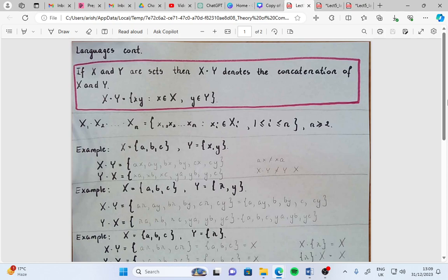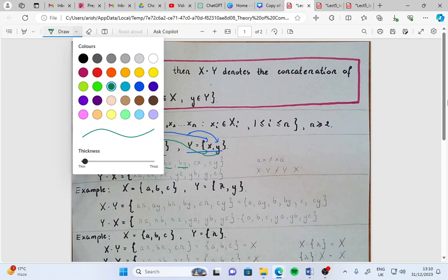So here x and y are sets, and we can denote the concatenation of x and y with a dot. It is very easy to see how we get this. Suppose this is x and this is y. First we multiply with a: ax, ay. Then this b, and again we multiply with x and y, so bx, by.